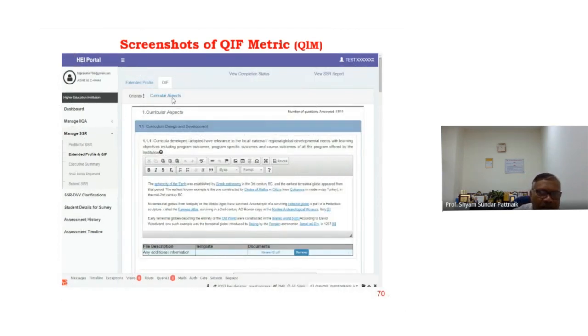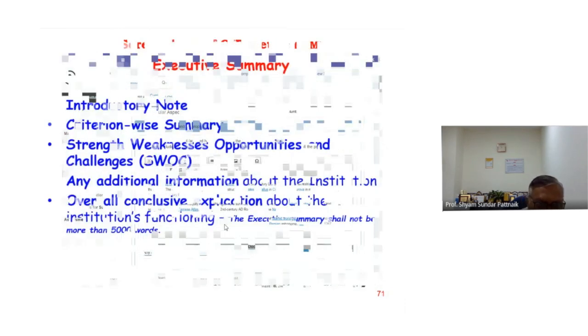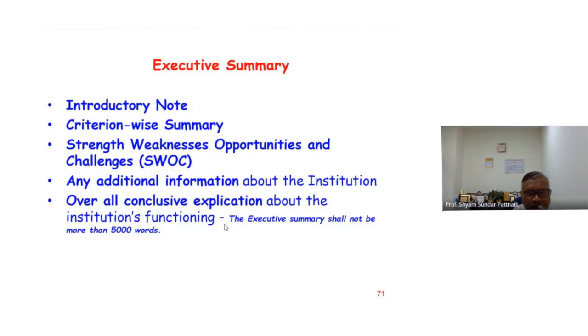When you go to the SSR, this is a screen of the curriculum aspect, related to curriculum design and development, which is the first part of the curriculum. Your screenshot will be like this, and the screen will be opening up for this type of situation. That's the way your portal will look for you. Whatever you miss in the portal, your executive summary will take care of that.